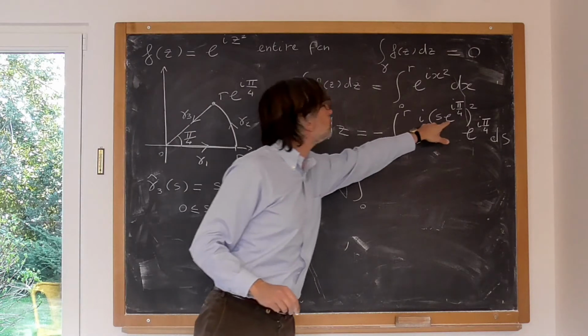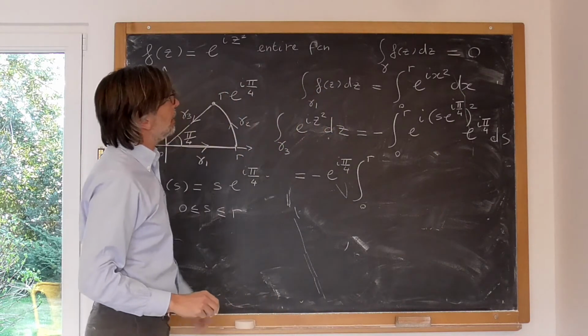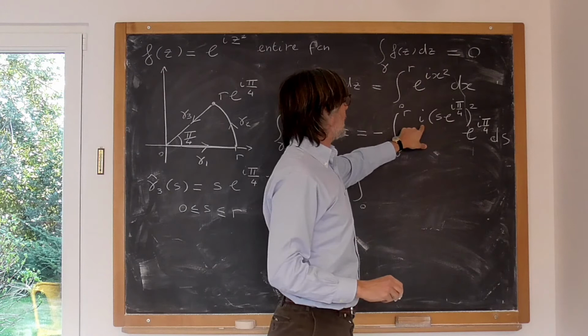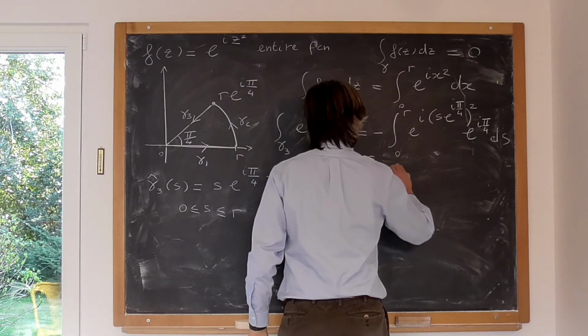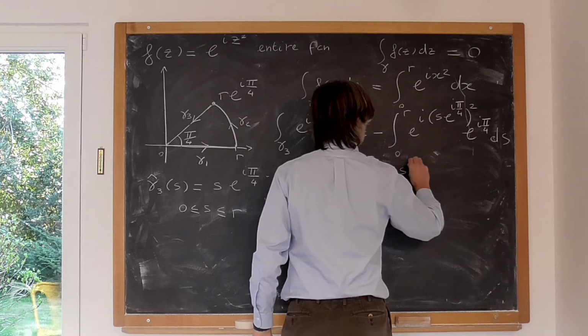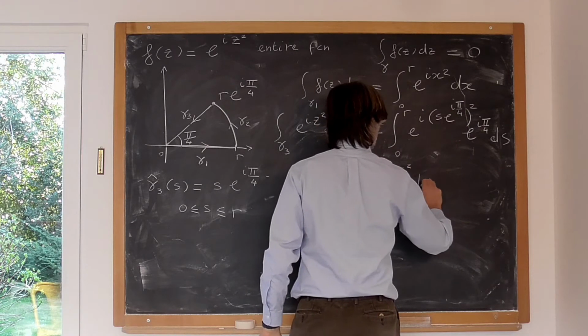Okay, this is a square root of i. And i times i is minus 1. So here we get e to the minus s squared ds.